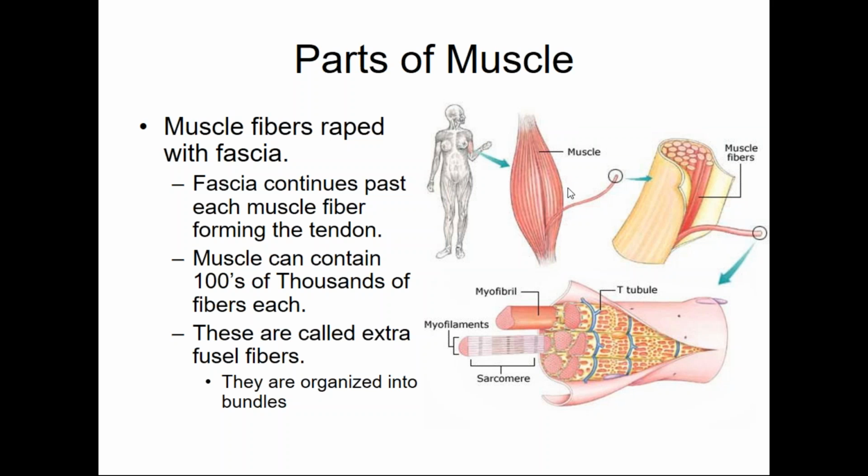Again, this is just referencing the parts of the muscle. Here in the top picture, it shows a typical muscle. And then we've broken it down into a muscle fiber. You can see inside the muscle fiber, there are many fibrils contained within it to form the muscle.